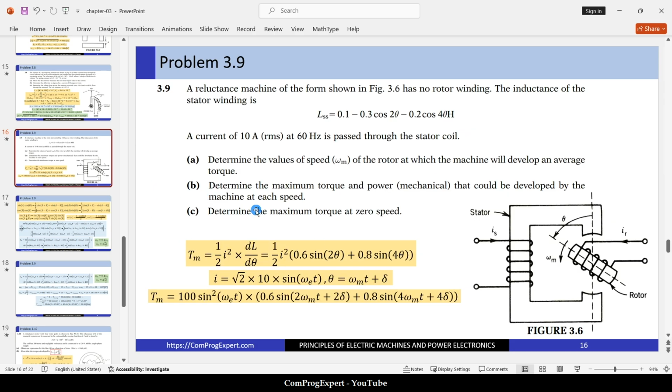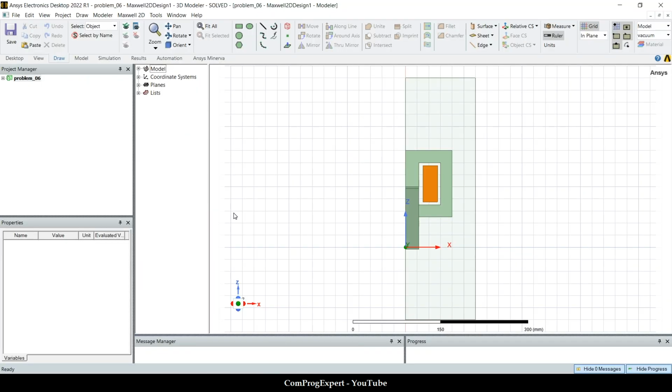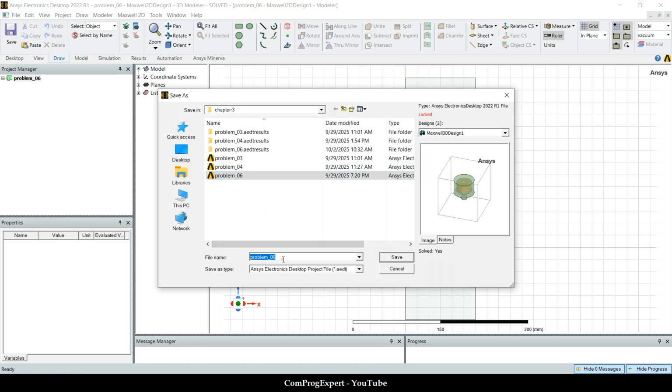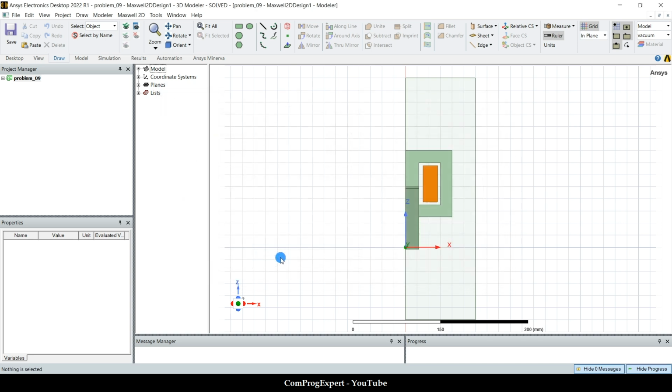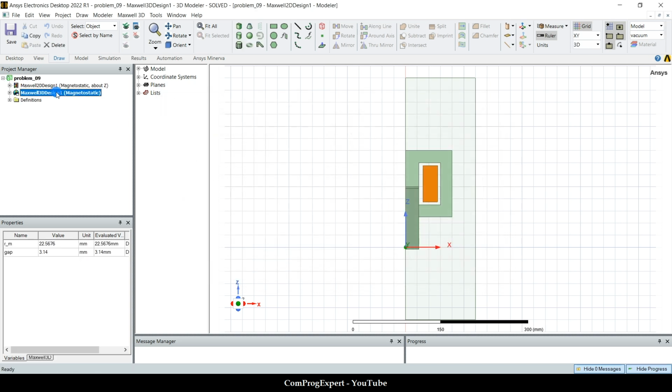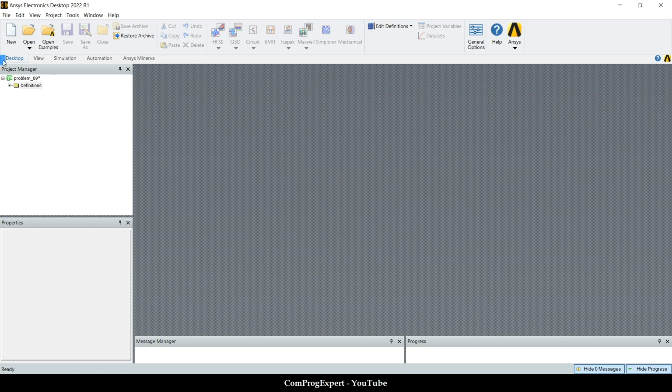Here for this problem, I am going to consider arbitrary dimensions and do a simulation in ANSYS Maxwell just to show the variation of the inductance for this coil that we have. So let me save this project as problem 9 in this folder and delete this one.